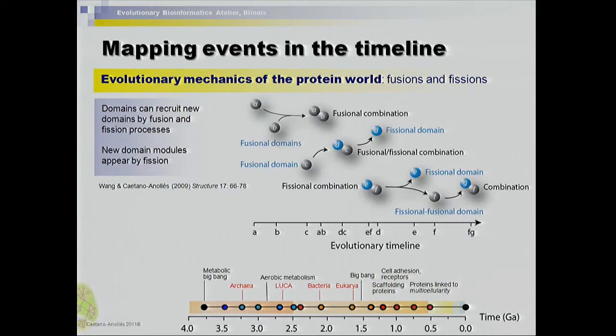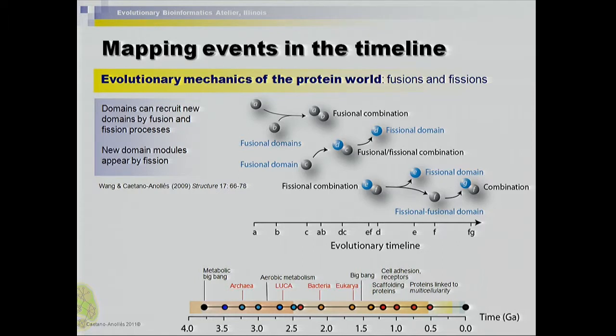One aspect that we've done also, which is of interest, is the evolutionary mechanics of the protein world. That means that if in the timeline we had a domain that appeared early as a single domain, and this domain combines with another one that appeared later on, to form what we term a fusion combination.